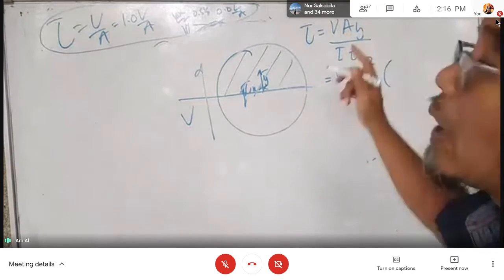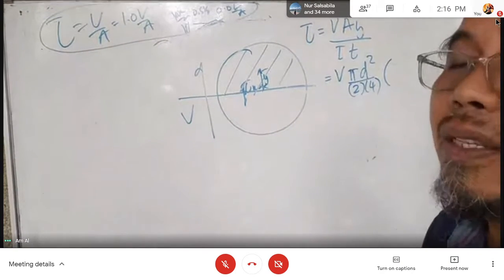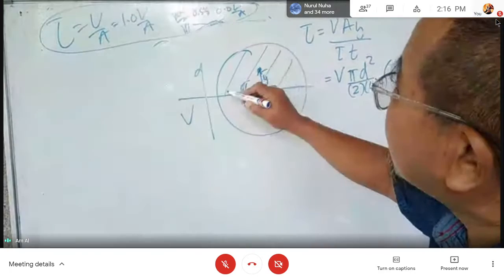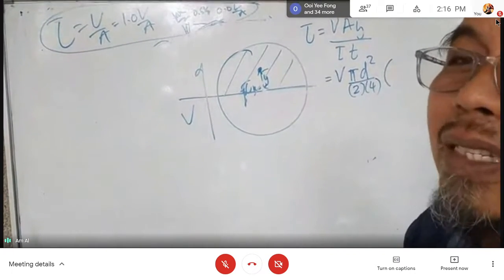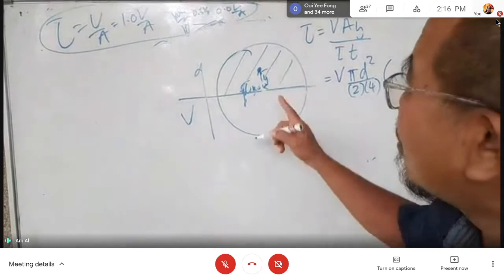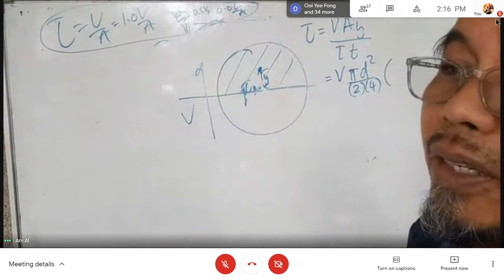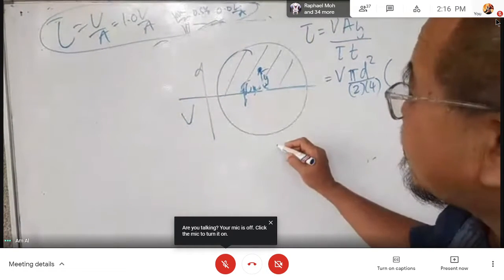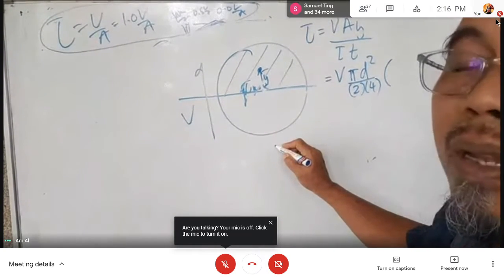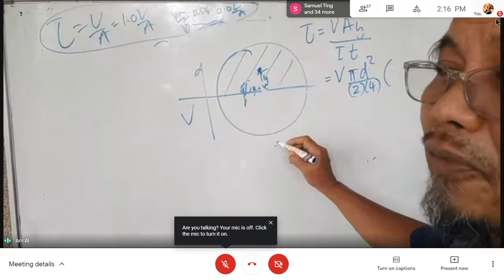And then what is your y bar? So remember the centroid of a half circle in your statics. Please, somebody still remember or not? What is your y bar? Centroid of half circular. Guys, in statics, what's the value there?